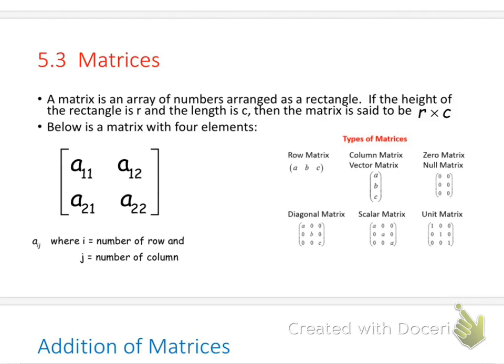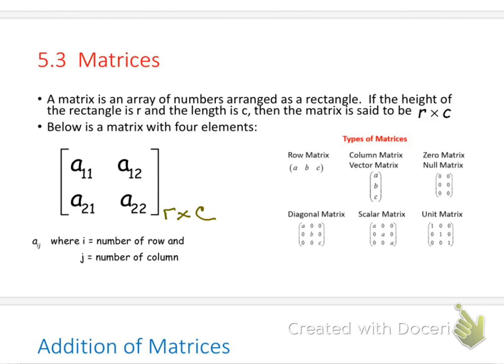Okay, so a matrix is nothing but an array of numbers arranged as a rectangle. If the height of the rectangle is R, and the length is C, then the matrix is said to be an R by C matrix. So this is an R by C, and since they're both 2, it's a 2 by 2 matrix.